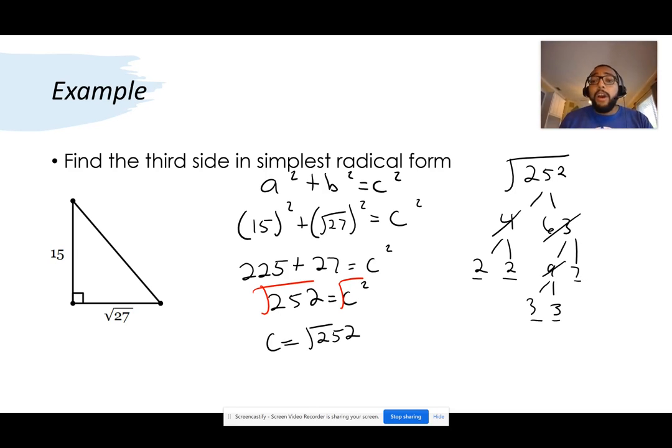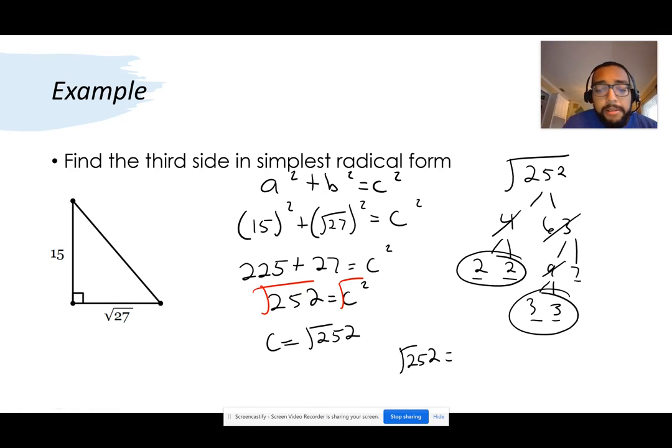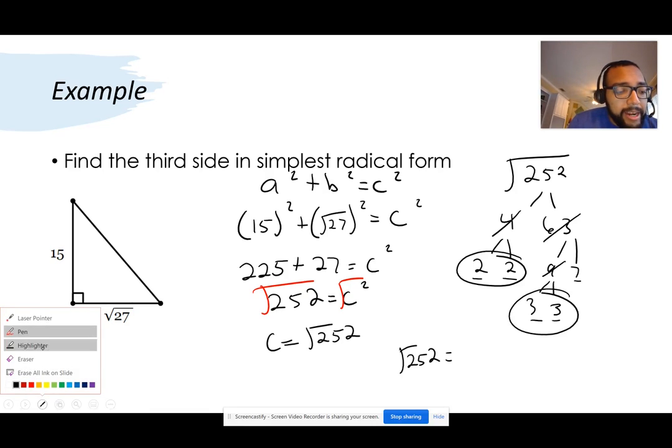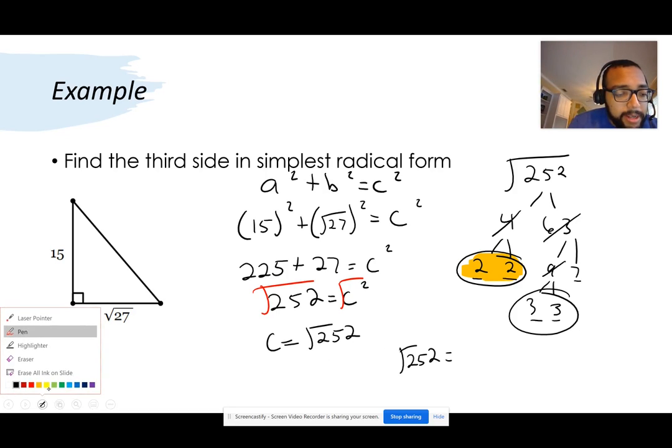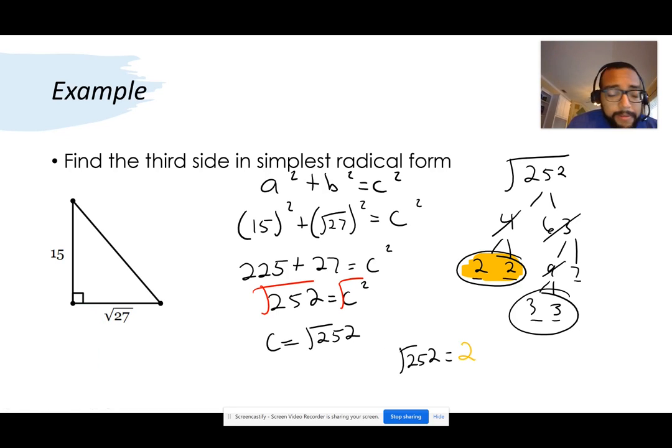Okay, and again, what we're looking for here, so square root of 252, is we're looking for pairs. Once we get a pair, like we have a pair here and a pair here, I'm going to highlight this in a different color so you see where I'm bringing it. Every time I see a pair, I'm going to bring it to the outside.